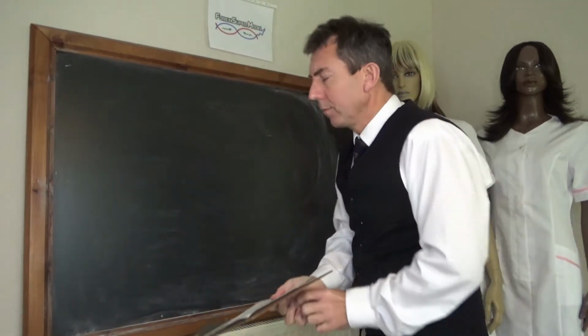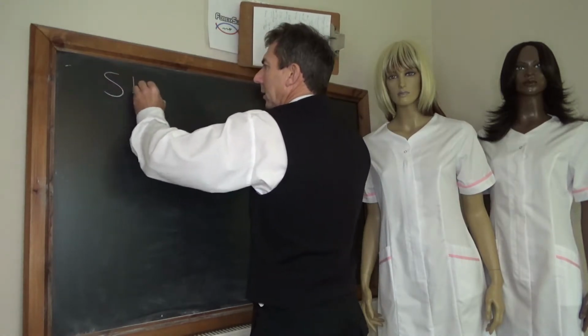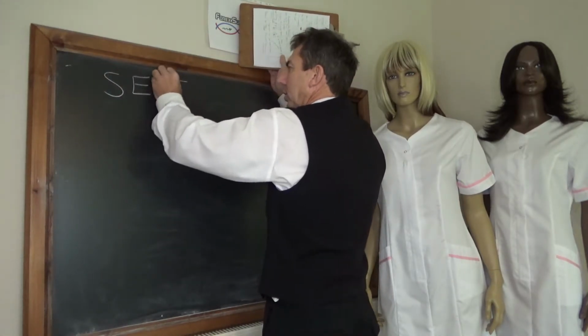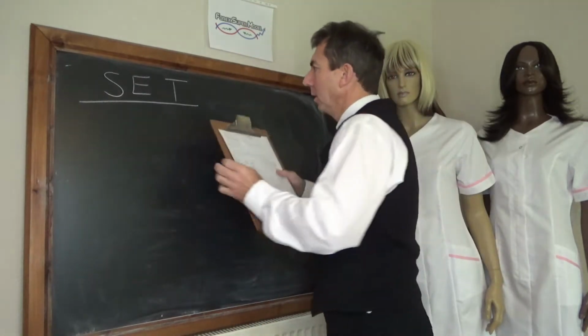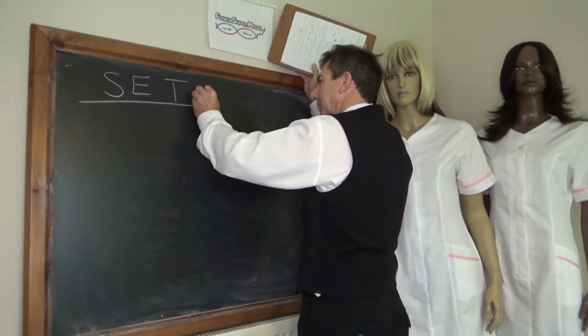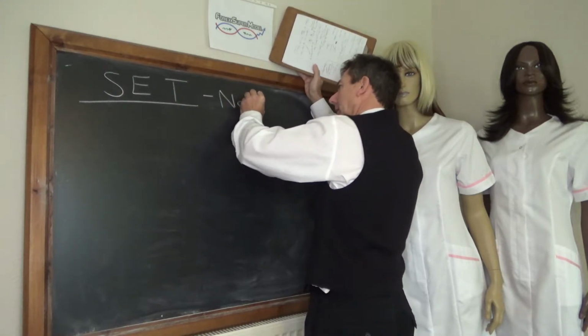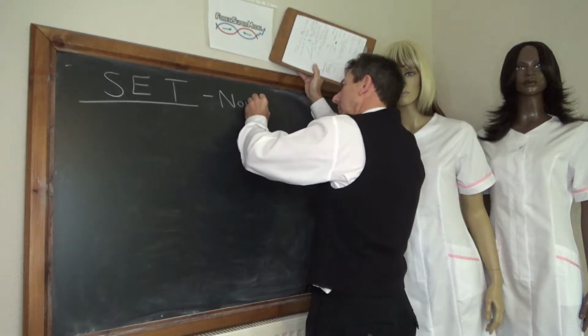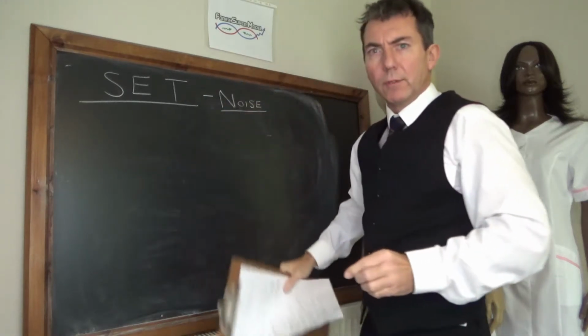So in shorthand, we call it SET, sentiment, expectations and tone, and you can also add noise onto there. And anybody who's heard my piano playing will know that that's quite negative noise.